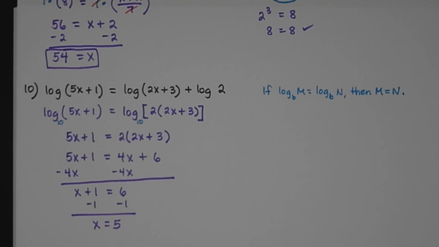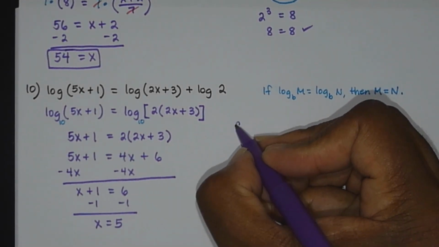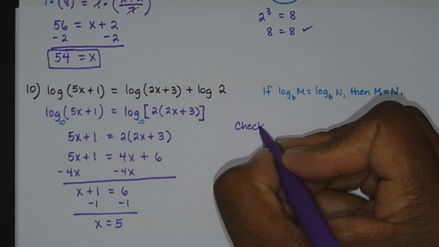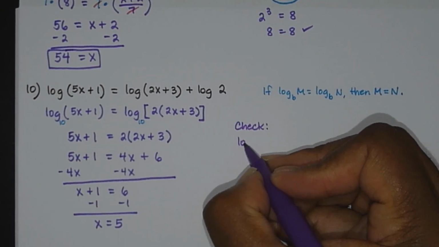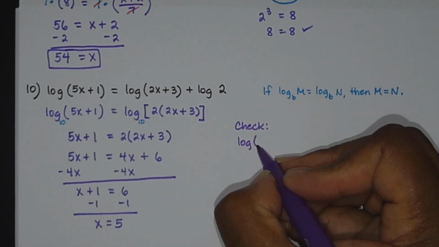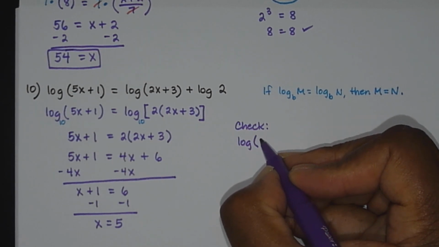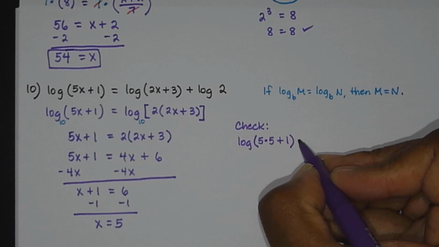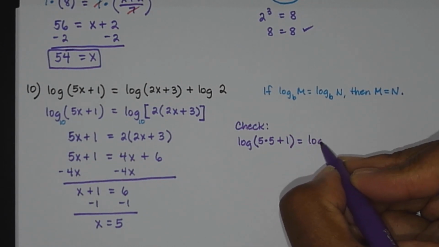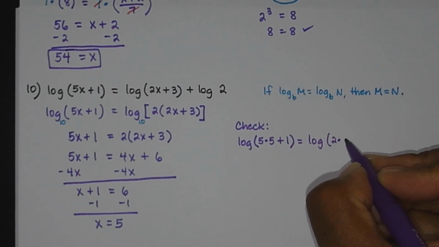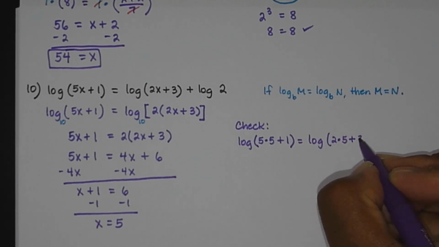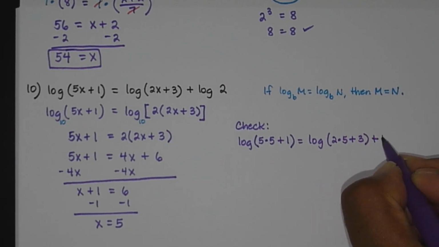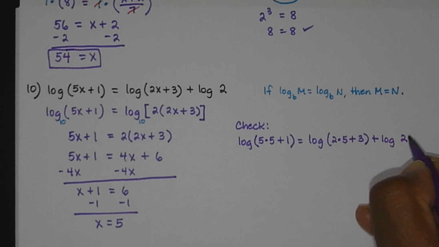But with these logarithmic equations, you must do the check. So here, using the original equation, I'm going to replace each x with 5. So I have the log of 5 times x, which is 5, plus 1. And that's equal to the log of 2 times x, which is 5, plus 3, plus the log of 2.